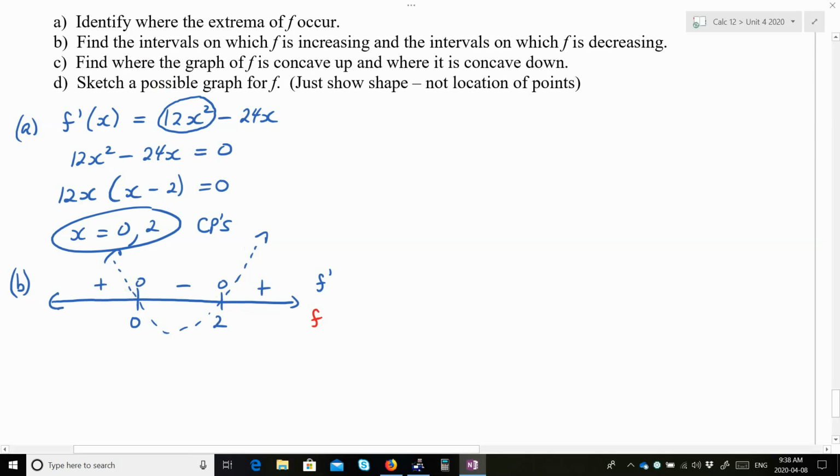Which means for the original function, we've got positive slopes for the whole first interval, and if something is sloped positively the whole time, then it increases. Negative slope values in the second interval, so the original graph decreases, and then positive slopes in the last interval, so the original graph increases.